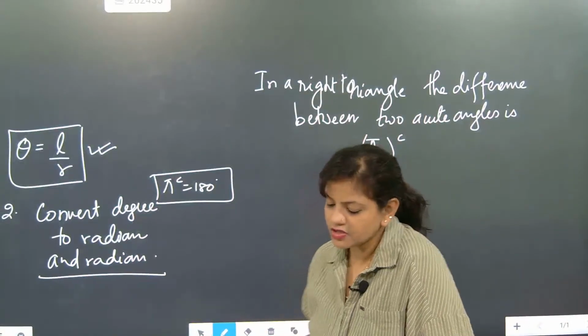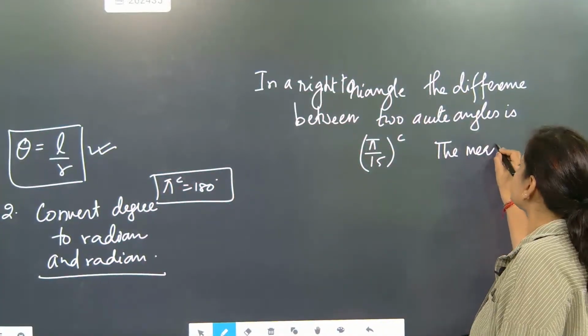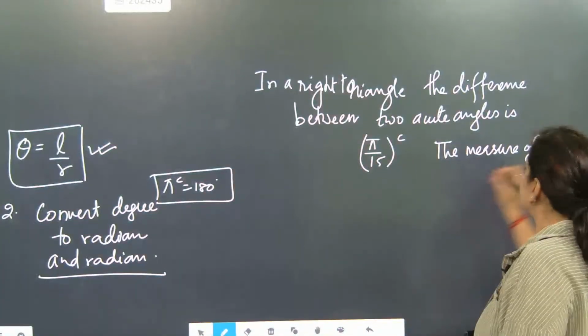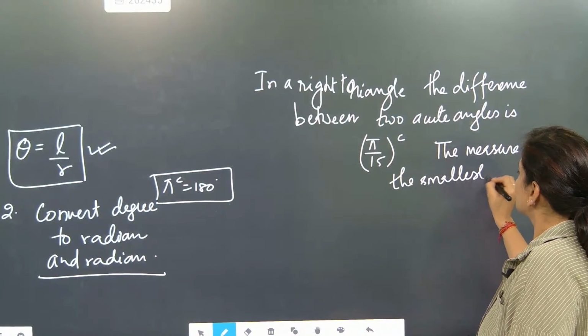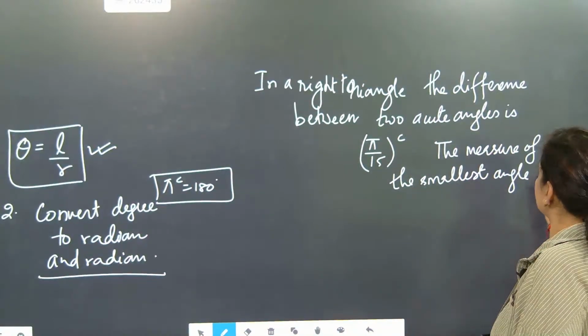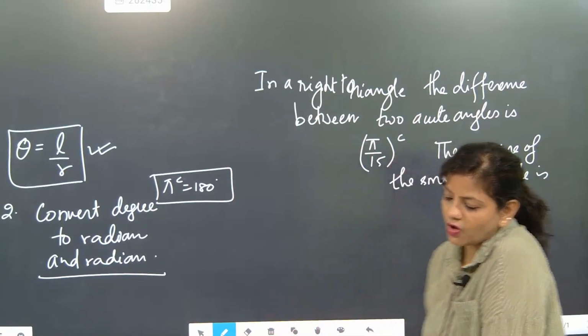Okay, the measure of the smallest angle is? So what can be the measure of the smallest angle?